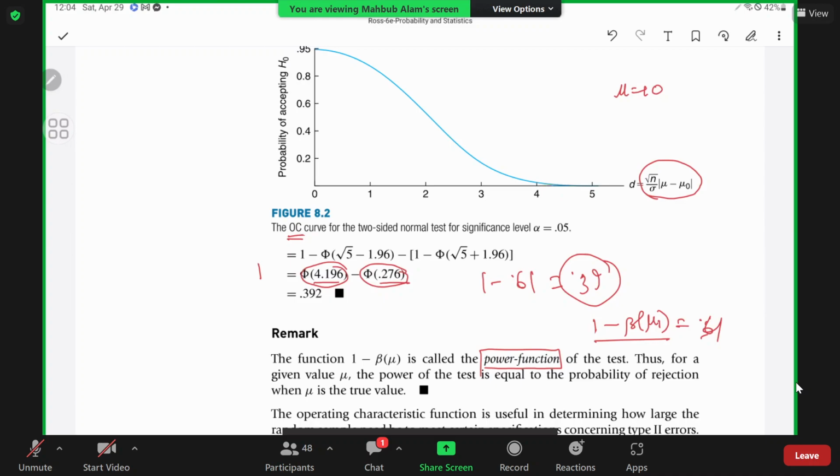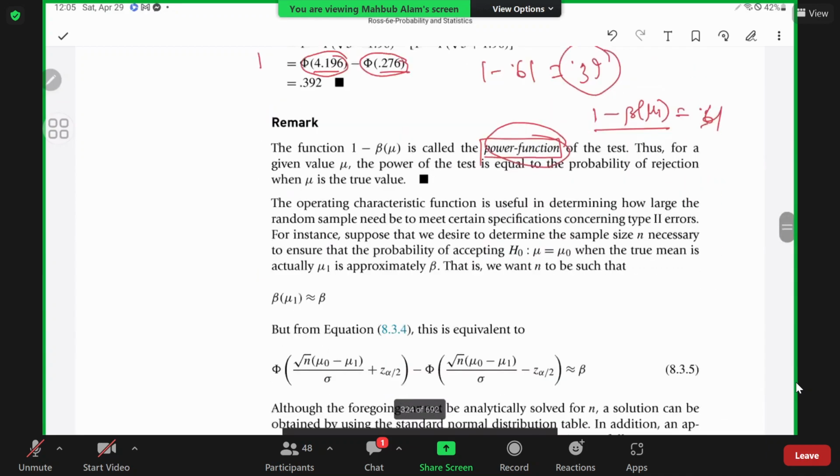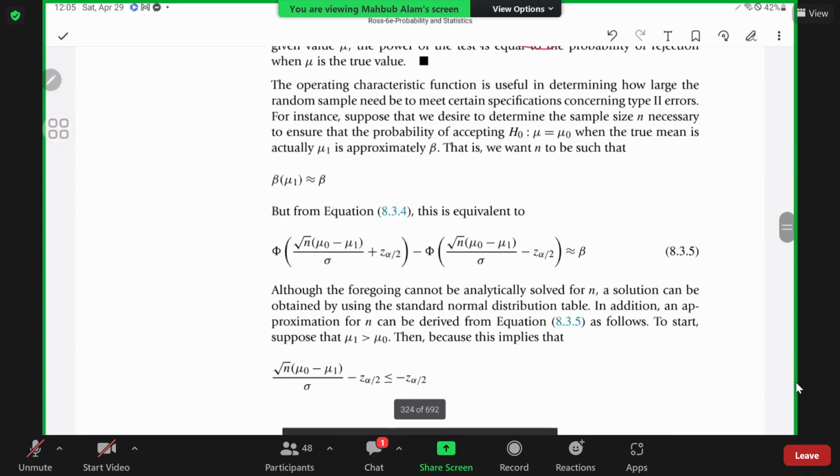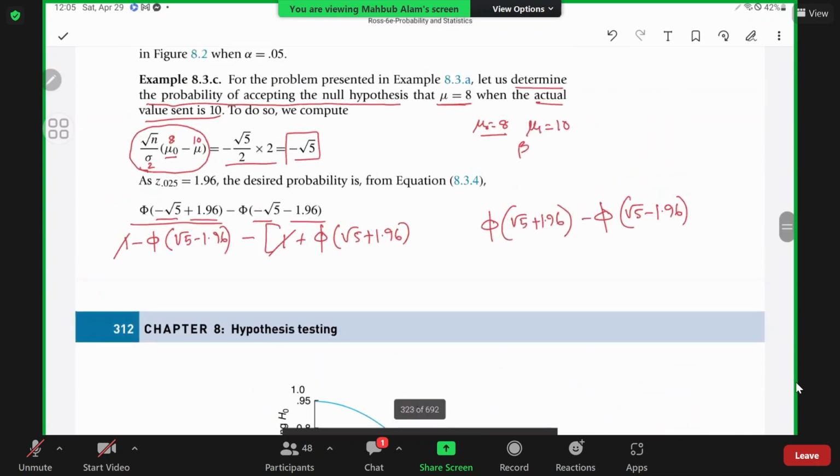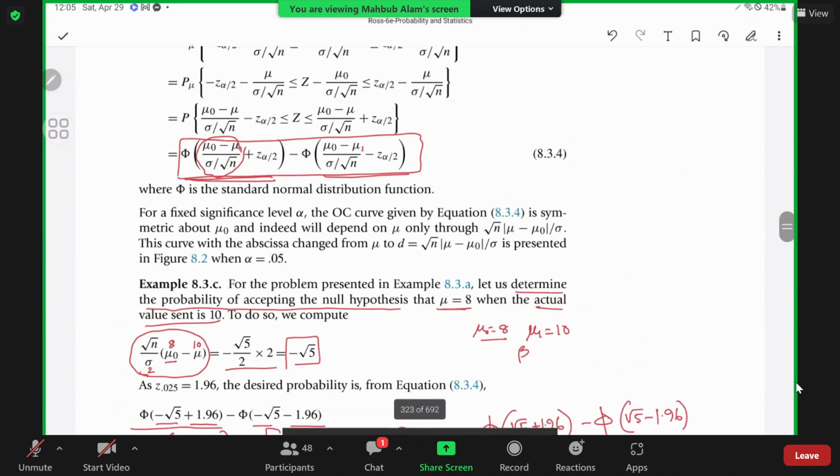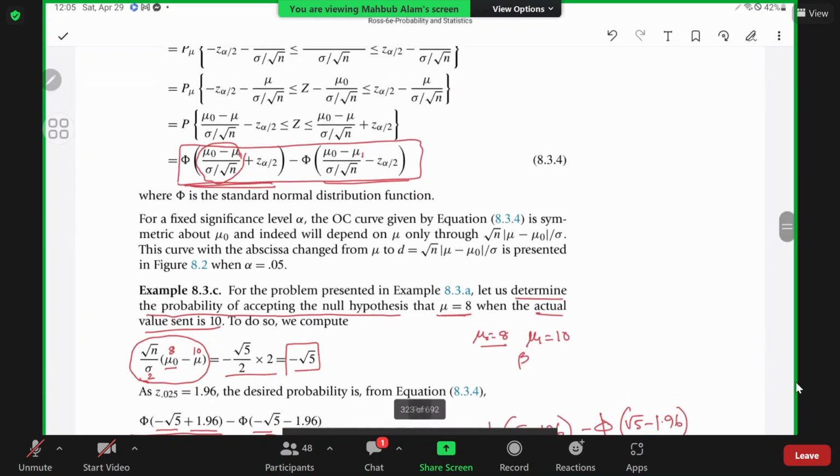So what we want to do is increase the value of the power function of a test. How? The only way to do it is, for a given significance level, to improve the power of the test.